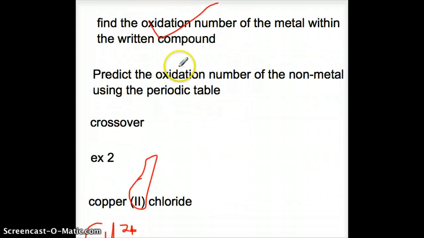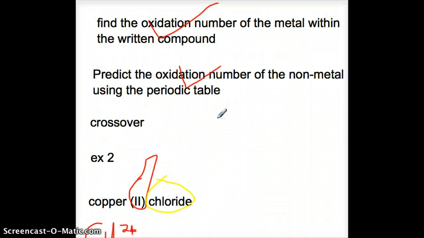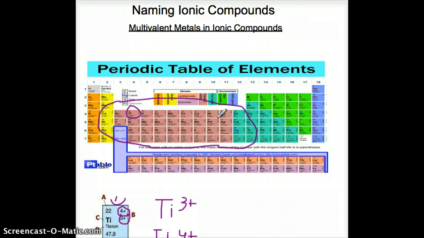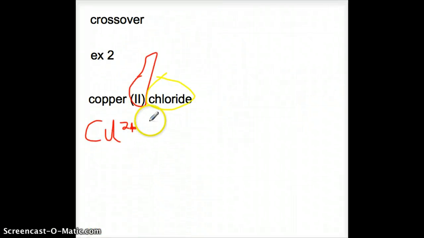Our next step would be to predict the oxidation number of the nonmetal using the periodic table. So in this case, we have chloride as our nonmetal. When we go back to the periodic table, chlorine is in group 17, and when we take a closer look, the charge on chlorine would be 1 minus.